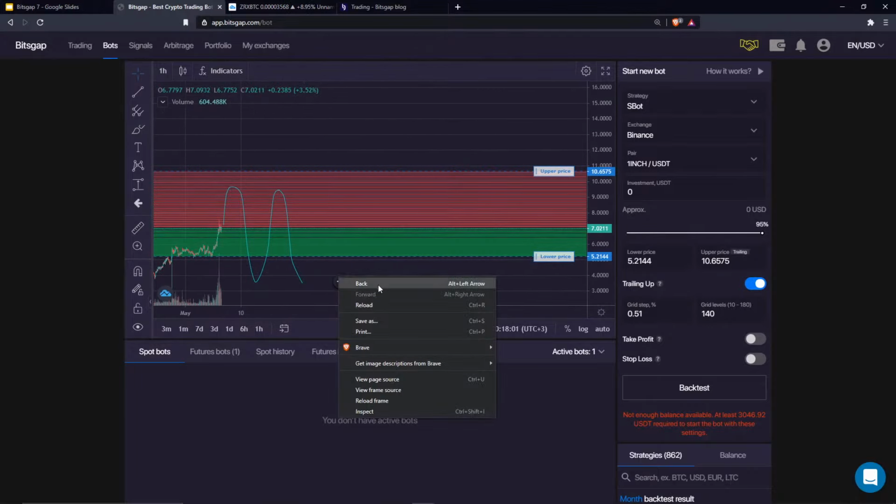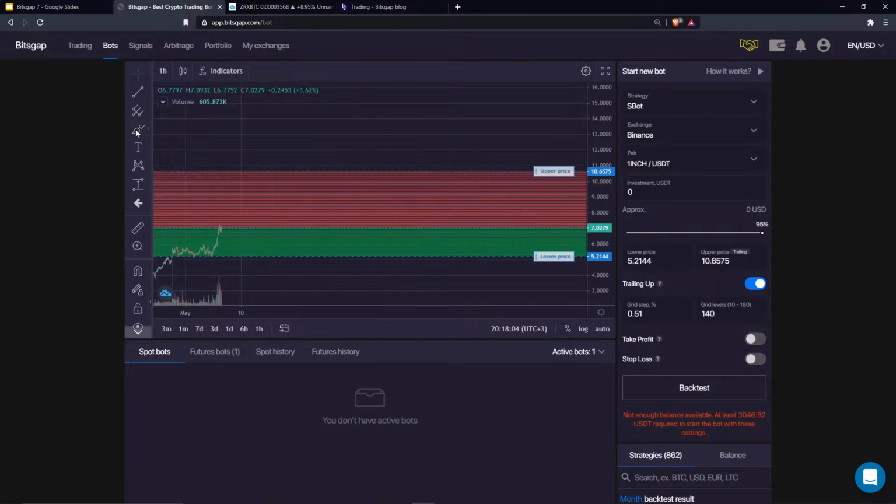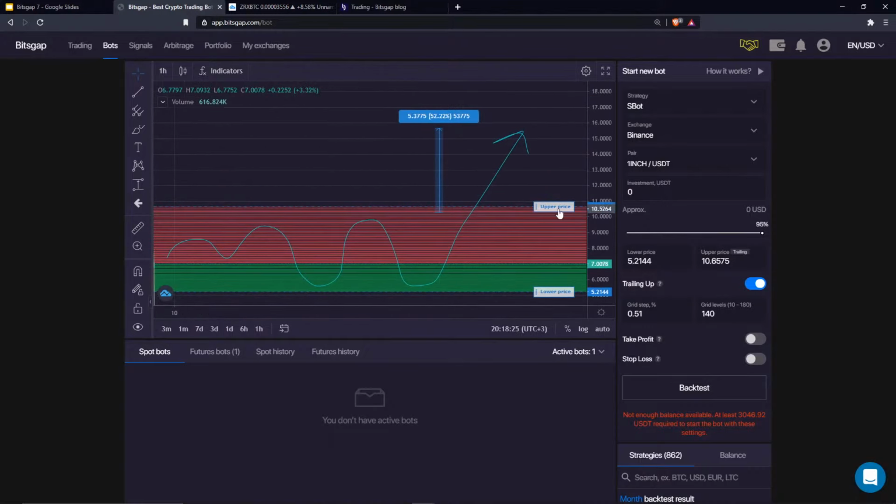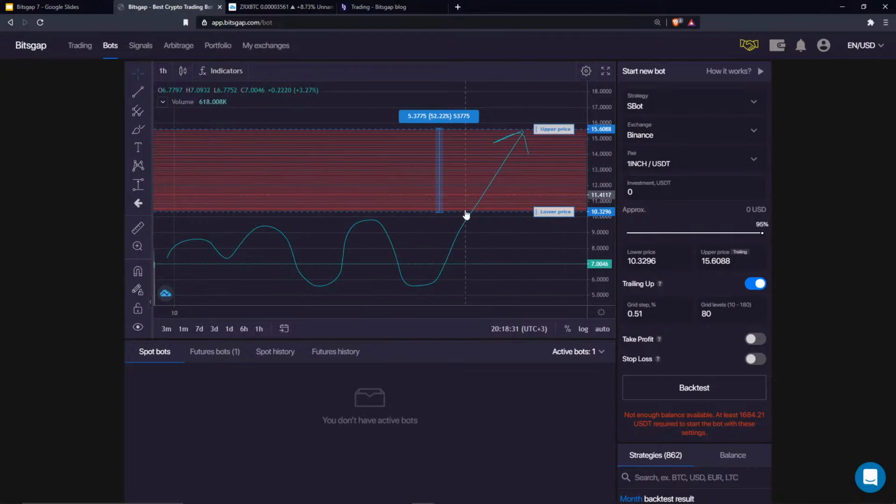In this case, you have your trading range capturing 100%, but also with the trading up, if the price moves like this and then bam, goes like this, then the configuration of 100% gap will be adjusted, and you will see your trading range over here. So that's going to be your new trading range. This ensures long-term stability. It ensures that the bot will keep trading for you as the price goes higher.